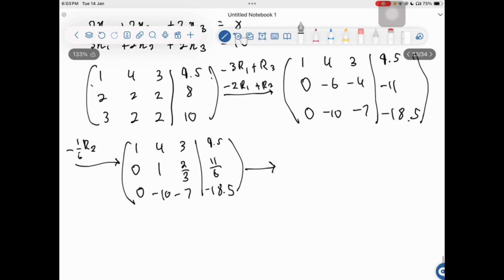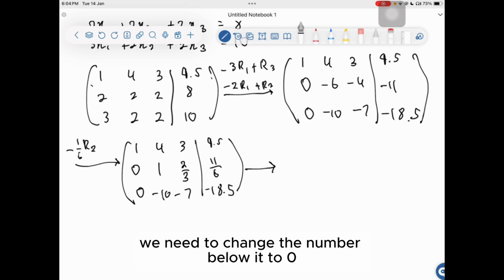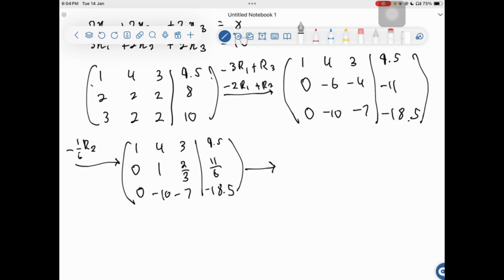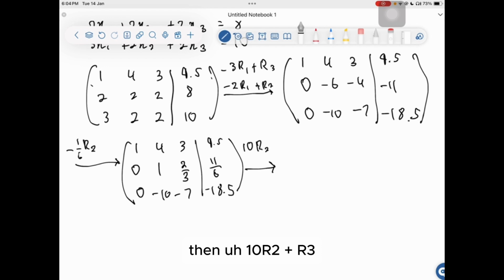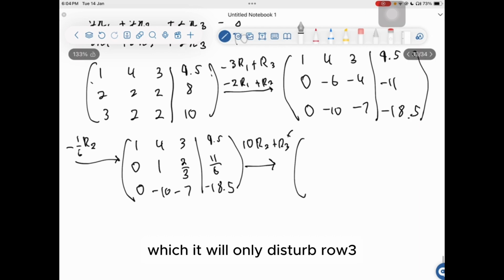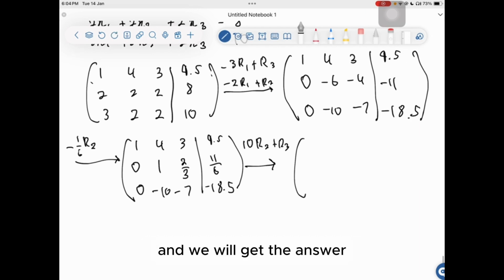Next, after we got our leading one, we need to change the numbers below it to 0. So we can do that by substituting the numbers in the equation. Then R2 plus R3, which will only disturb row 3, and we will get the answer 1, 4, 3.